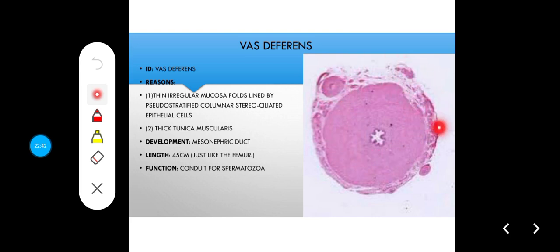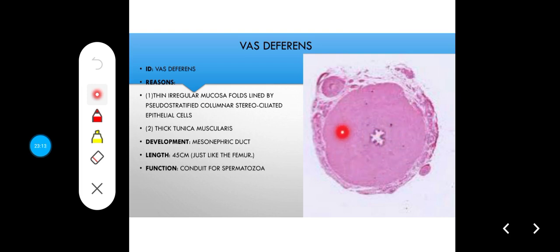And then you can also appreciate the layer of connective tissue that surrounds the vas deferens. Identifying the vas deferens is very easy because the lumen is tiny and it is lined by pseudostratified epithelium. Deep to the epithelium, you find lamina propria, which is also part of the mucosa.